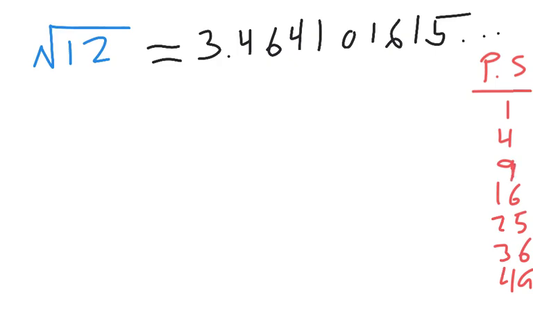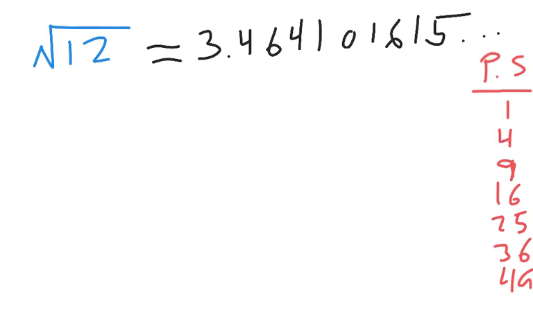So here's the way I do it. I pick the number that is right beneath 12 that's in this list. So that would be 9. So can I write 12 as 9 times a whole number? No. Can I write it as 4 times a whole number? Yes. We can. 12 is 4 times 3.